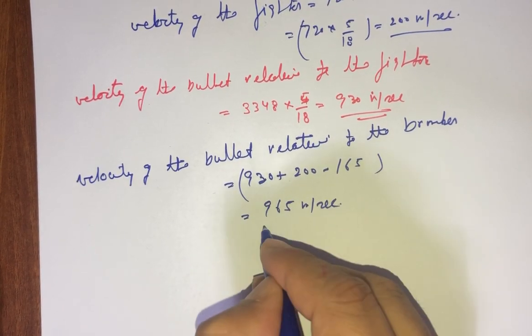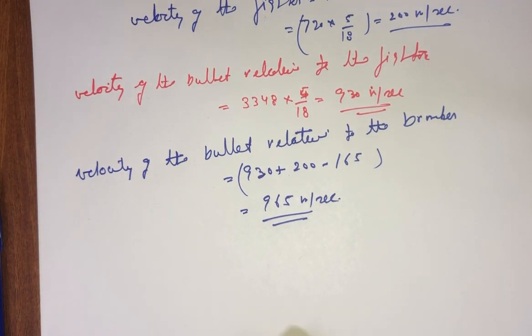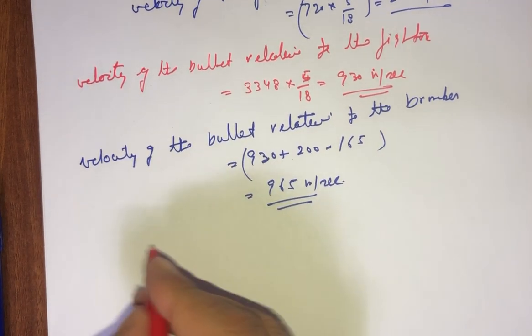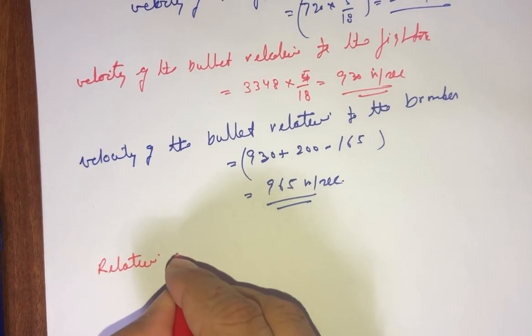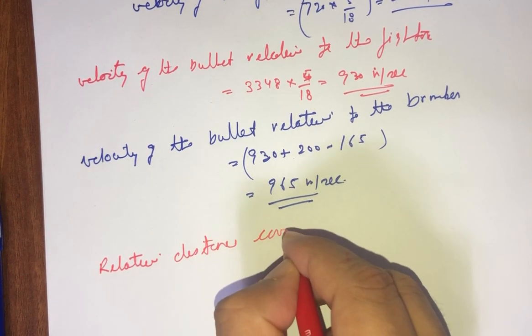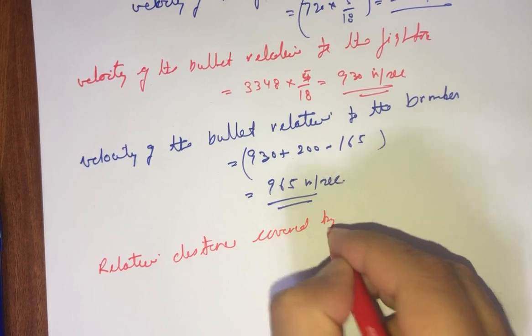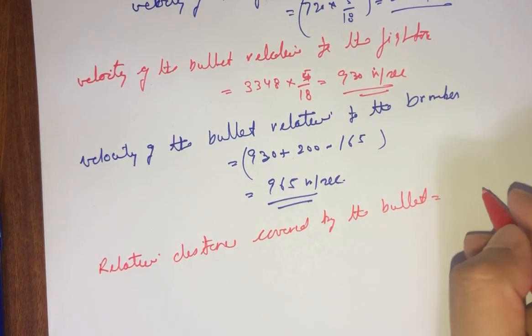meter per second. Now it's already given that the distance between them before it fires the bullet is 300. So the relative distance covered by the bullet is given as 300 meter.